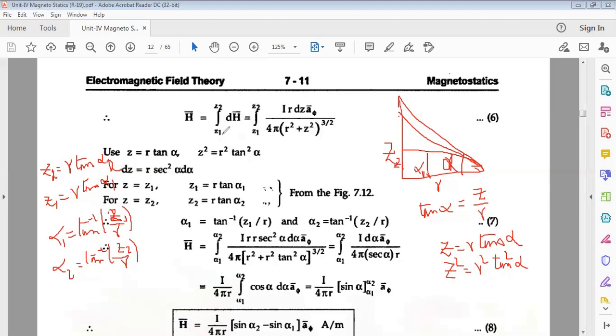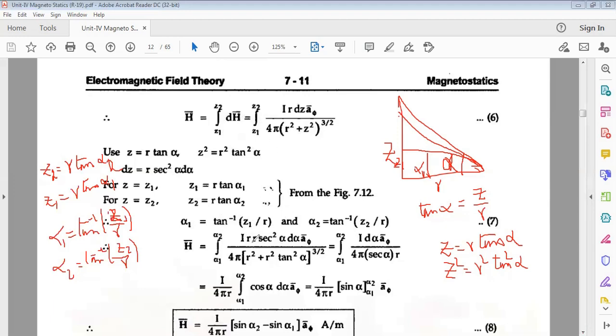Previously we assumed minus infinity to infinity, but here the length is finite: one end is Z1, another is Z, another is Z2. So alpha 1 and alpha 2 are tan inverse terms. Substitute all the terms in terms of alpha only.